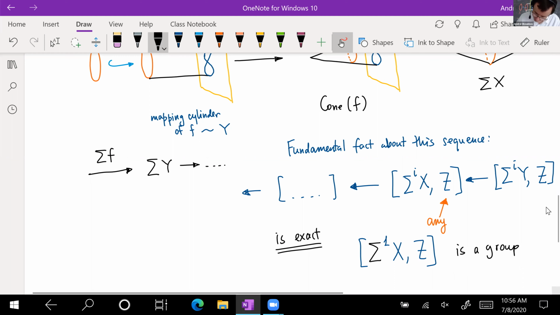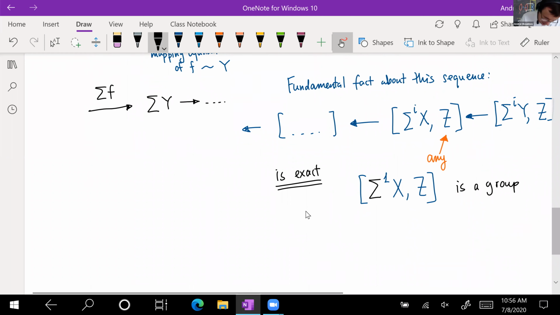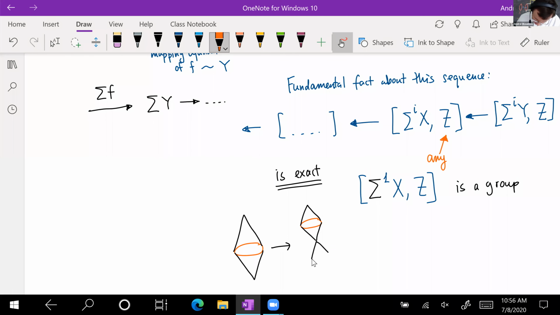It's a group for the same reason a fundamental group is a group: I can take two maps like that and compose the suspensions, and then map to Z. You could say it is a fundamental group of the mapping space from X. Yeah, exactly right, this is what Roma is saying.